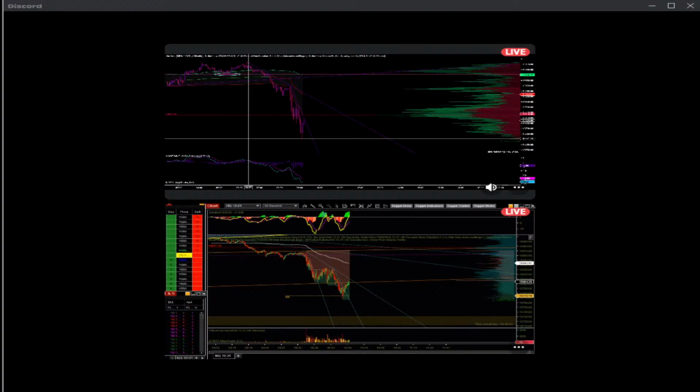See if it breaks this downtrend here on the 30 seconds. If it does, it's going to show bullish momentum.